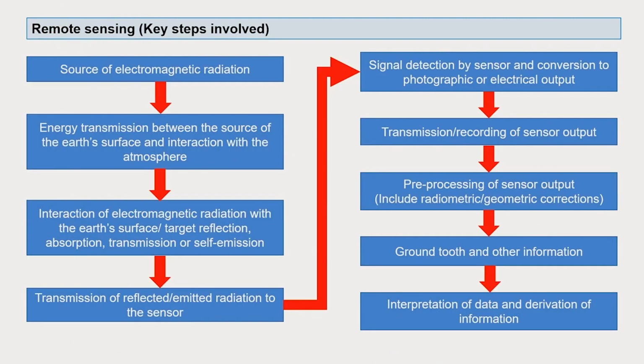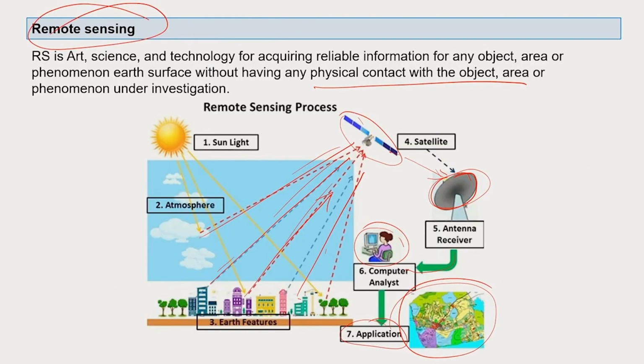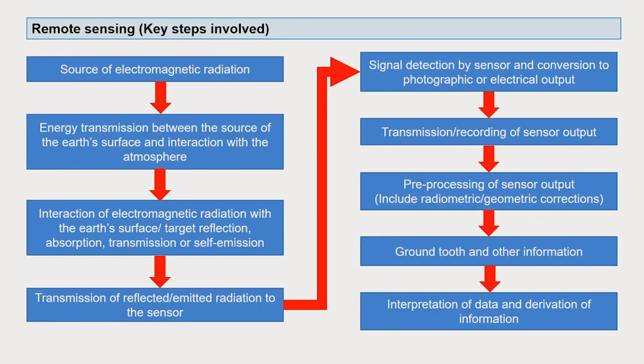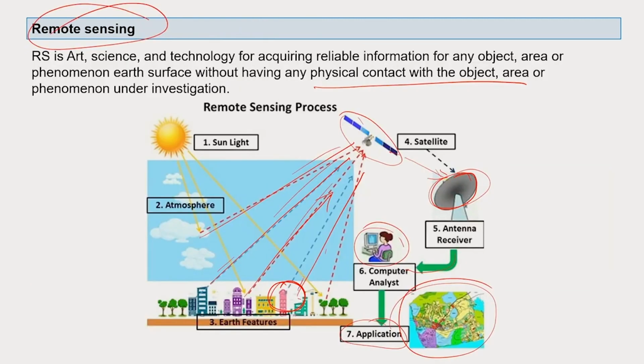So the source of electromagnetic radiation, and once you get that electromagnetic radiation, then energy transmission between the source and the surface, and interaction with the atmosphere, because it passes through the atmosphere before it goes to the satellite.